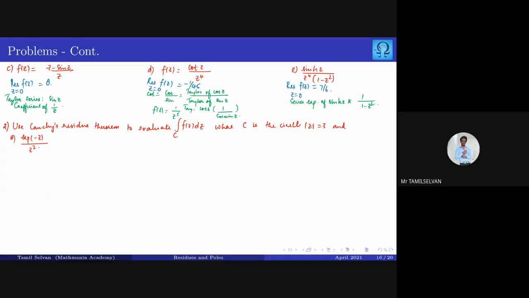Okay. Now, so we'll have to apply Cauchy residue theorem to evaluate this integral. How are we going to do it? Divakar, what is the first step? Divakar?